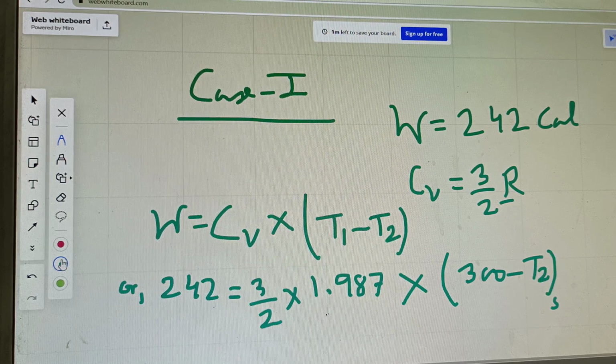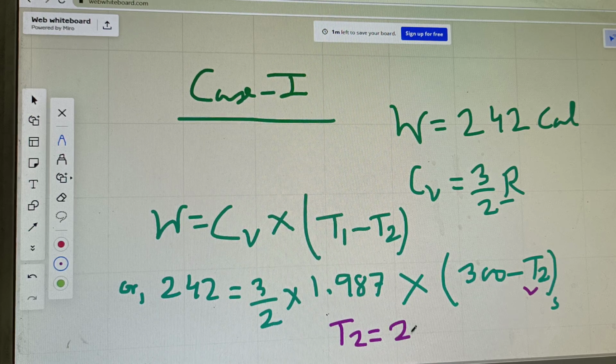So you have to find the final temperature T2. After calculation, the value of T2 is equal to 218.8.